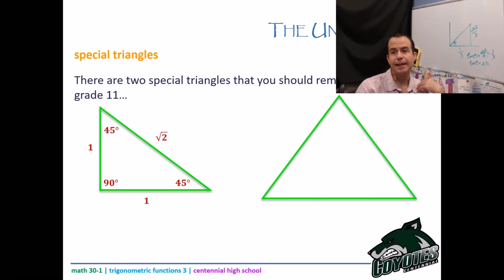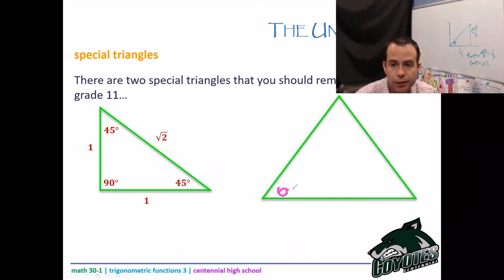Okay, now in the 30, 60, 90 degree triangle, I want you to notice that your eyesight should tell you this is not a 30, 60, 90 degree triangle. What I'm actually starting you with is an equilateral triangle. An equilateral triangle is a 60, 60, 60 degree triangle. But what's special about an equilateral is all the sides are the same.